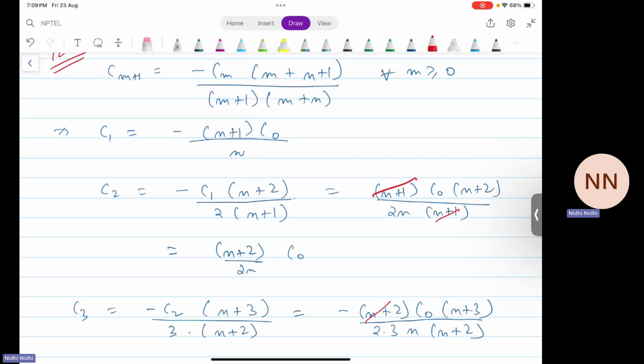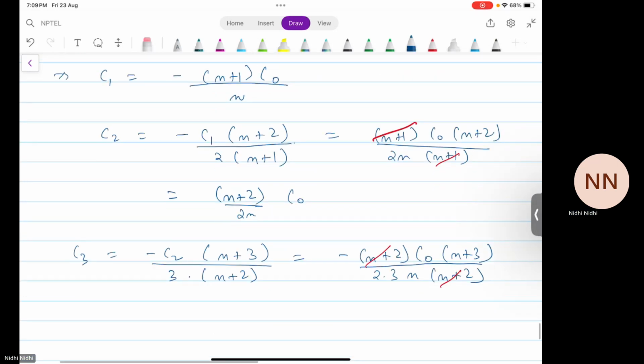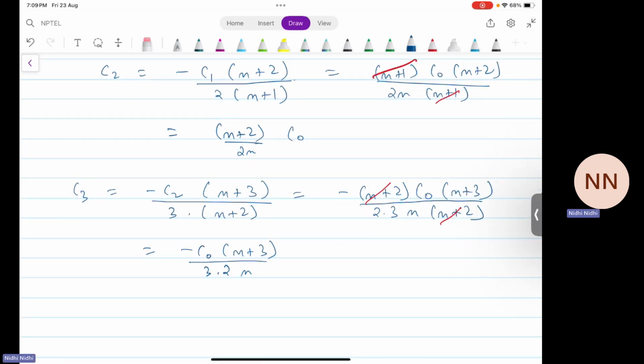So this n plus 2 gets cancelled out. We are left with minus C naught n plus 3 by 3 into 2n. Till now you must have got the pattern.